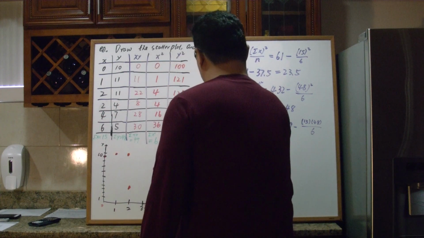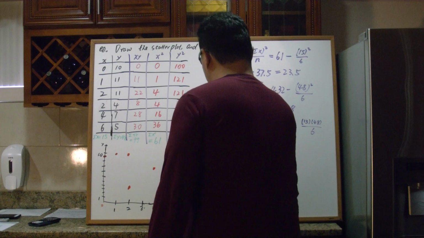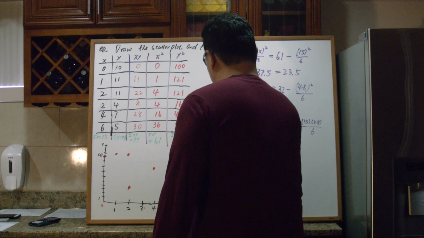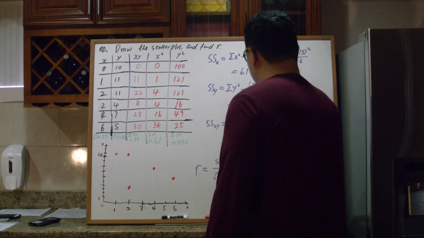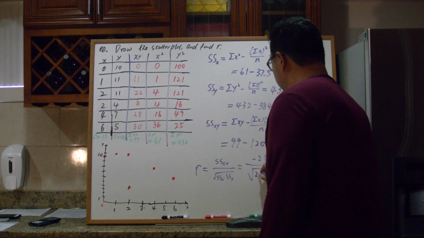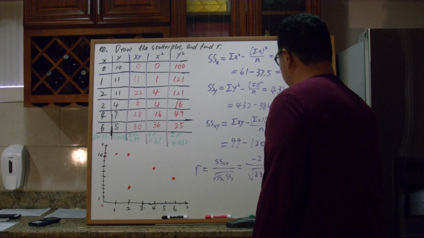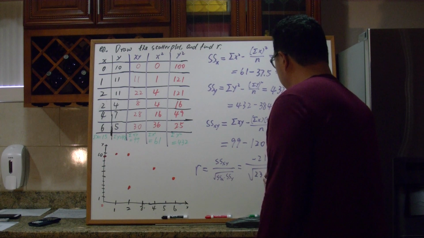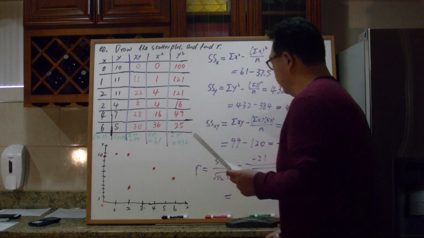Right, at the end, we have our formula: r is SSXY over the radical of SSX times SSY. That is negative 21 divided by the square root of 23.5 multiplied by 48. Right, I just omit the middle steps.